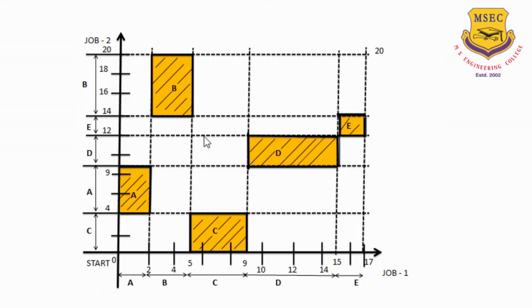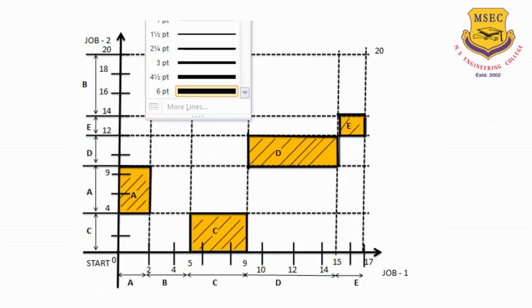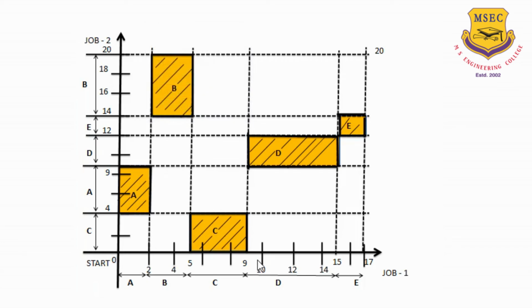Now, how does the marking of these intersection zones help us, and what is the significance of this? If you are going to write a horizontal line, the horizontal line indicates that there is progress for job 1.